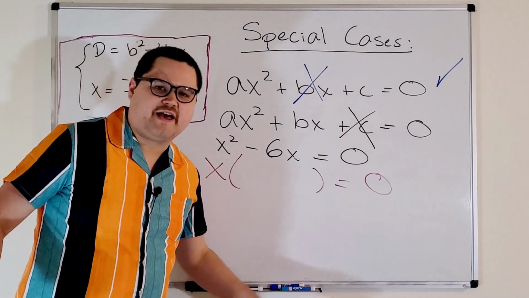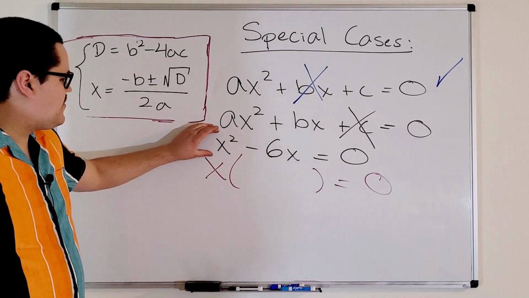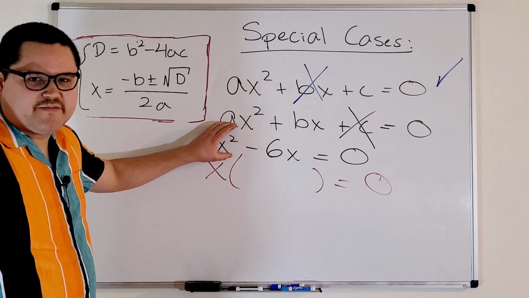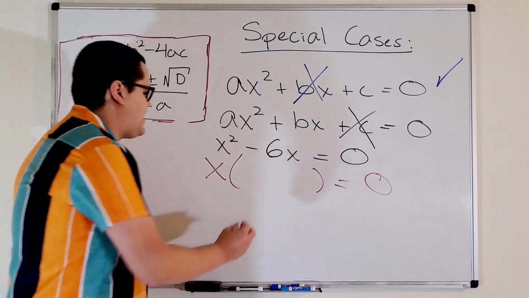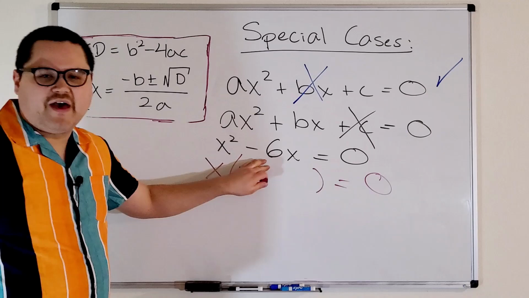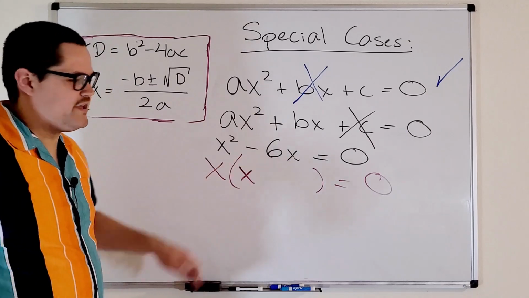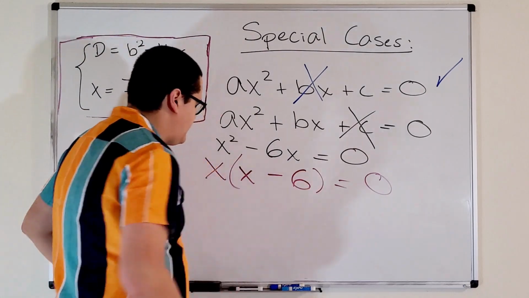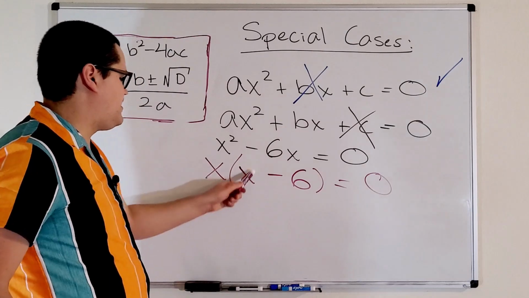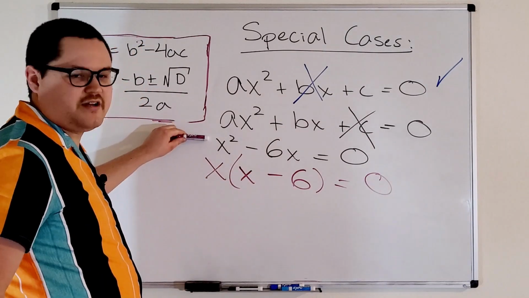When we factor out an x from both terms, well, the first term was x squared, which is x times x. So when we factor out an x, there's only an x left. And when we factor out an x from here, there's only a negative 6 left. You can check this because if you distribute the x over these, you get what you started with.